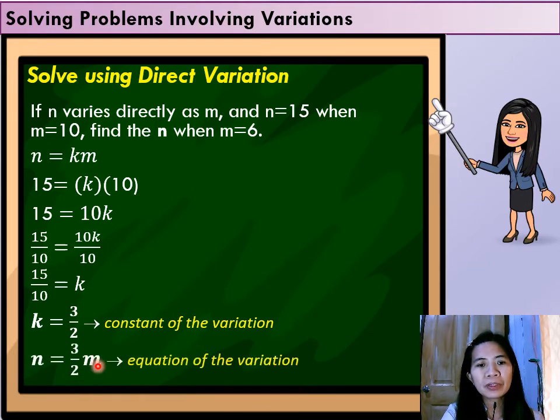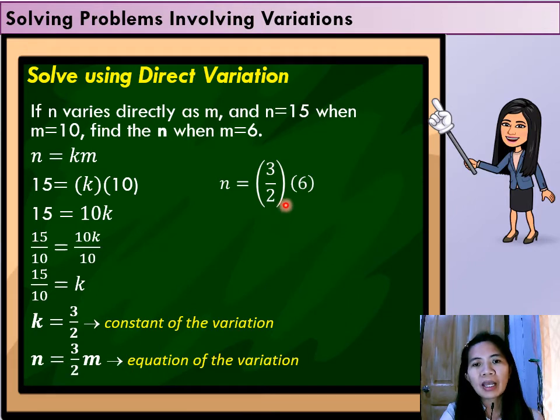Substituting the value of the constant into the original equation, we have n equals 3 halves m. This is now the equation of our variation. Using this equation, we are going to solve for n. Okay, so n equals 3 halves, the value of our constant, times 6, the value of our m.